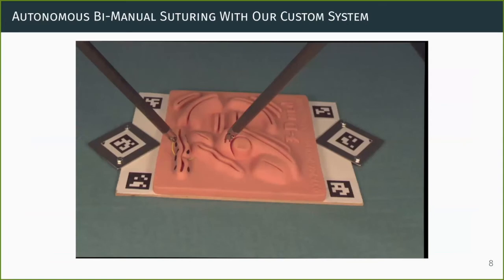So using the system, I was able to fully automate suturing needle throws, including needle pickup, grasping, insertion, extraction, and needle handover in a bimanual suturing task that I will just show in this short video.